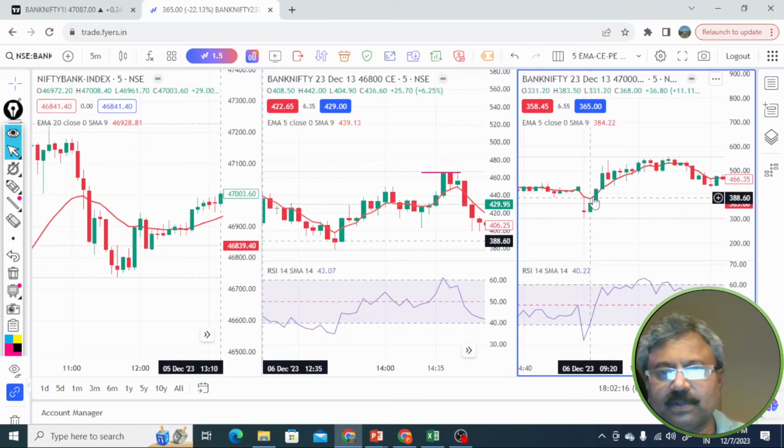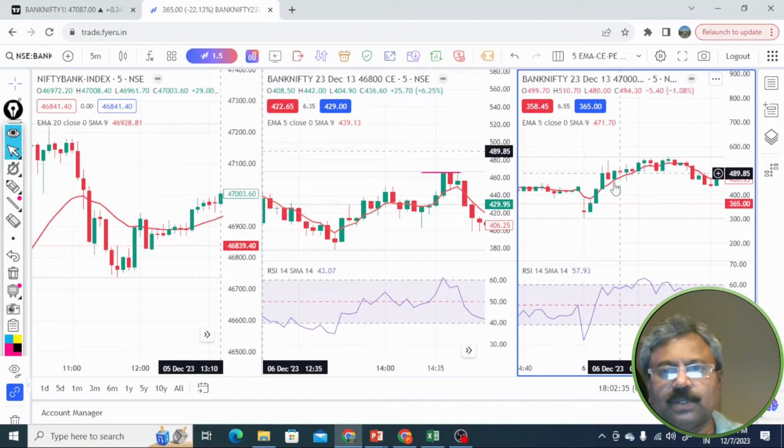After this closing above this, if I had taken a trade at this 424, my stop loss could be here, some 60 points, around 440. And the target is also achieved very fast.